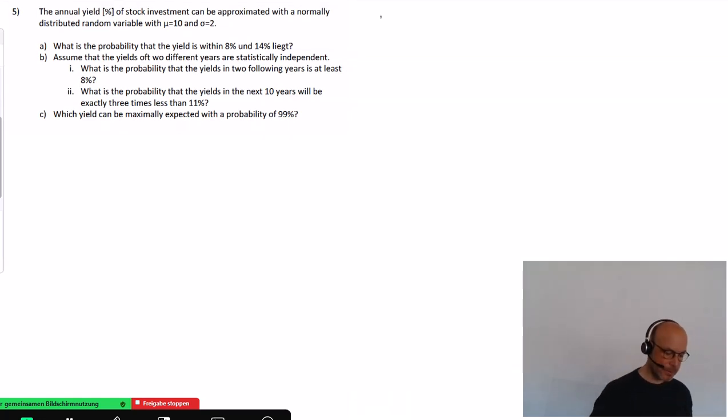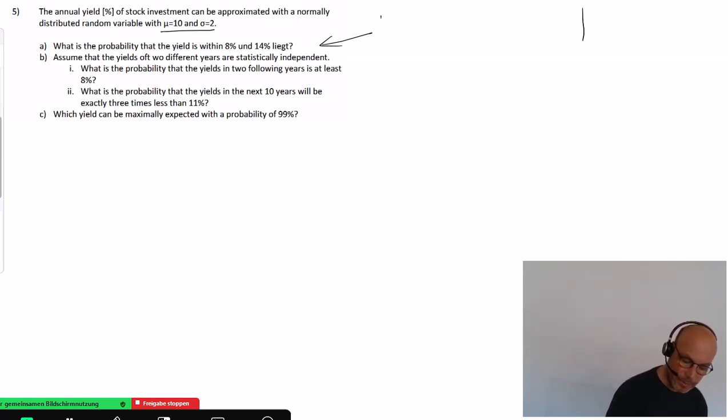So the annual yield of a stock investment can be approximated to be normally distributed with mu equals 10 and standard deviation of 2. Well, the first one, this we have done now for almost half an hour.